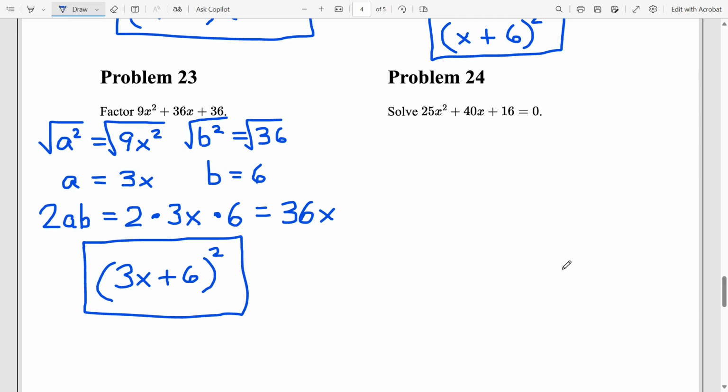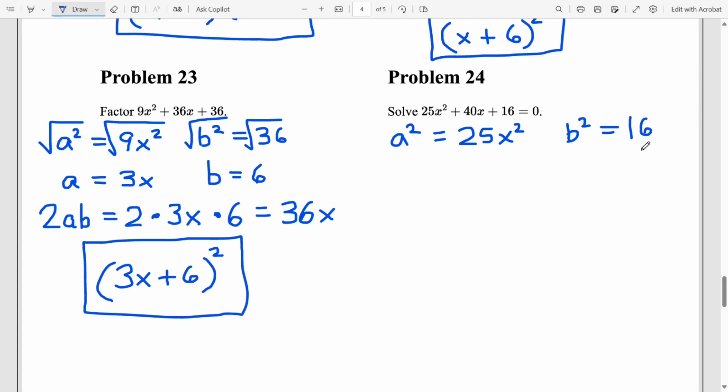All right, next one. We're going to solve 25x squared plus 40x plus 16 equals 0. I think this is a perfect square trinomial. Let's check. So a squared is going to be 25x squared, first term. B squared is going to be 16.